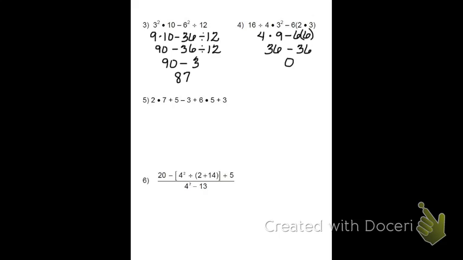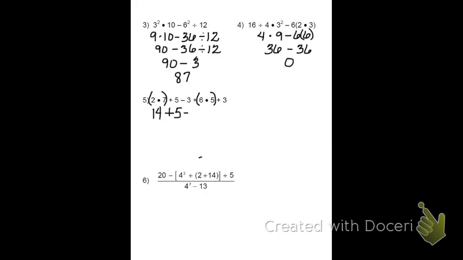Number 5. Lots of addition and multiplication, subtraction, but no parentheses or exponents. You're going to perform the multiplication first. So looking at 2 times 7, that's 14. Let's go ahead and write it.